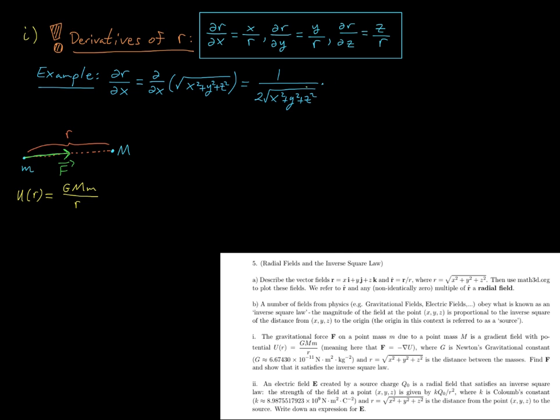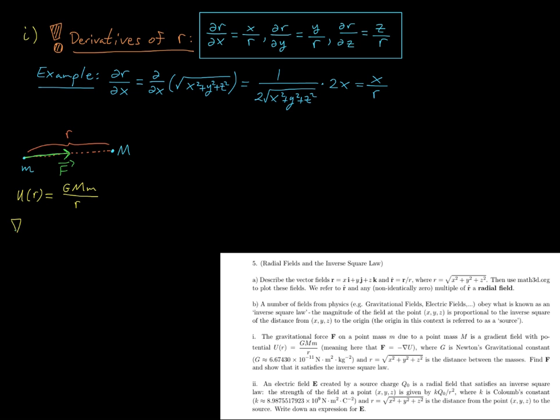Then from the chain rule, I have to multiply by the derivative of what's inside with respect to x, and that's just going to give us 2x. You can see here the 2's are going to drop out, and this square root term in the denominator is just r itself. So there you go, it's x over r. And of course, the same calculations show that the y derivative is y over r and the z derivative is z over r.